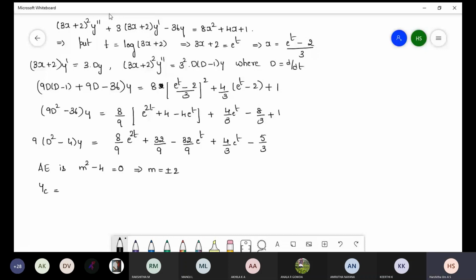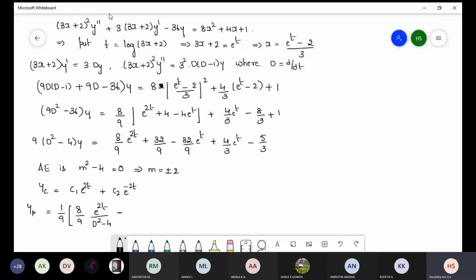Yc = c1 e^(2t) + c2 e^(−2t). For Yp, first I write 1/9 to the right side. I will open the bracket: (8/9)e^(2t)/(D² − 4), again minus, here the LCM between these two is 9.